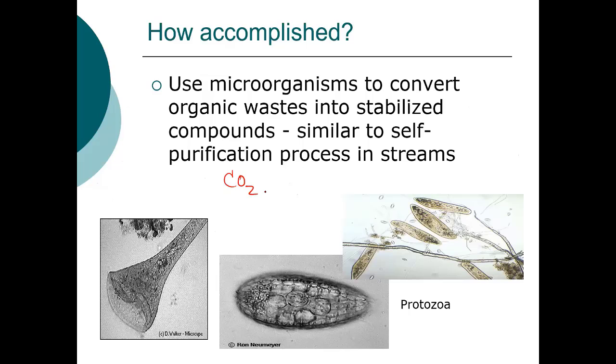So we're looking at converting organic waste into CO2, nitrate, or if we have denitrification, all the way to nitrogen, any sulfur to sulfate, and we'll talk a little bit about phosphorus and how we deal with phosphorus in the water.